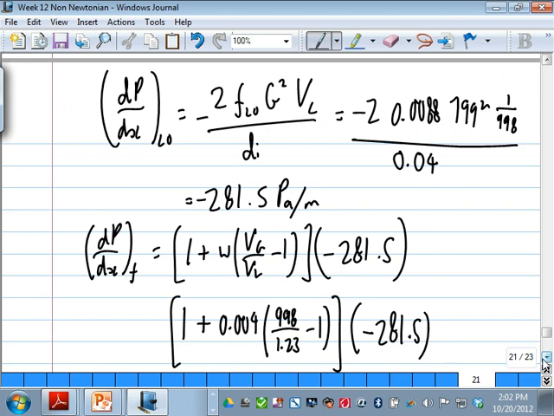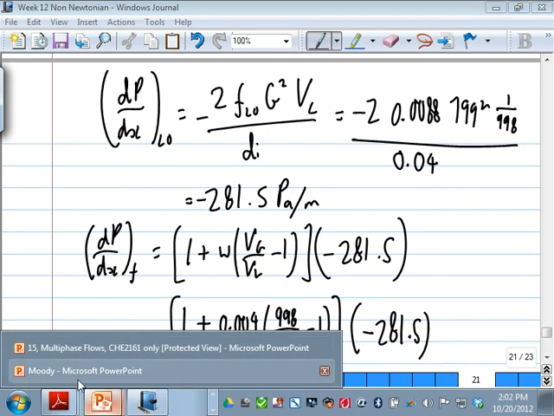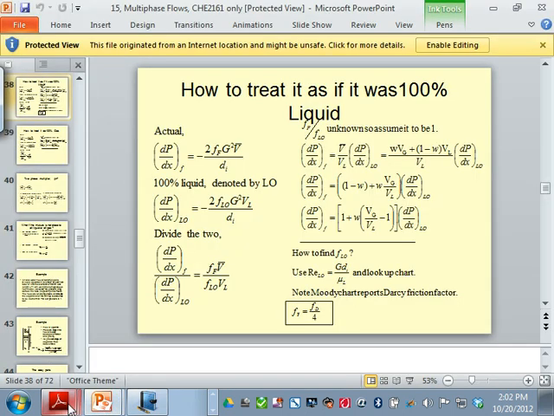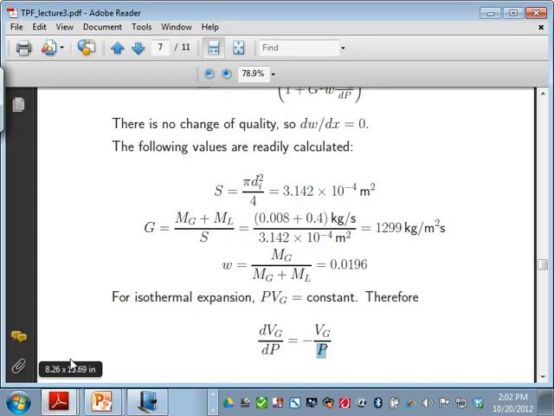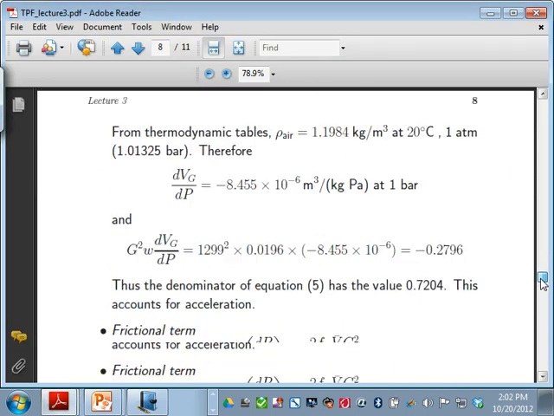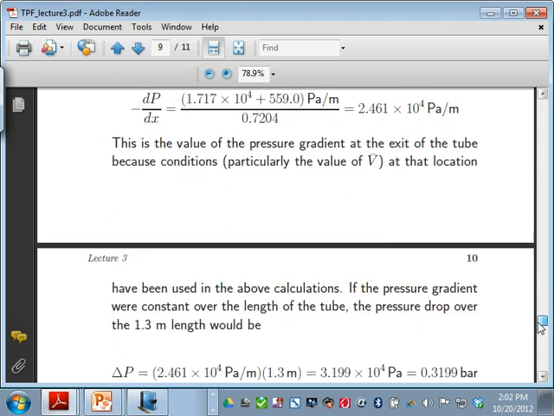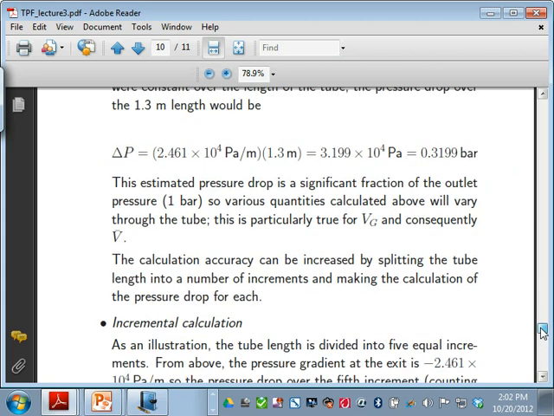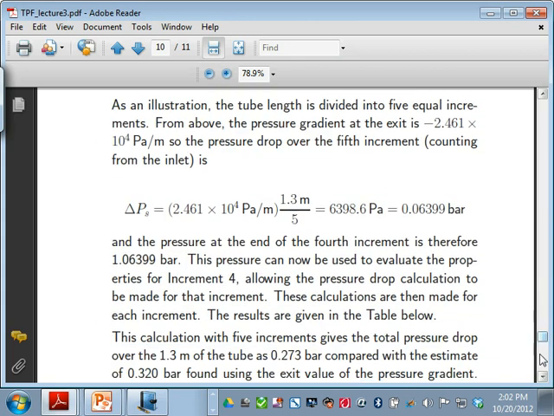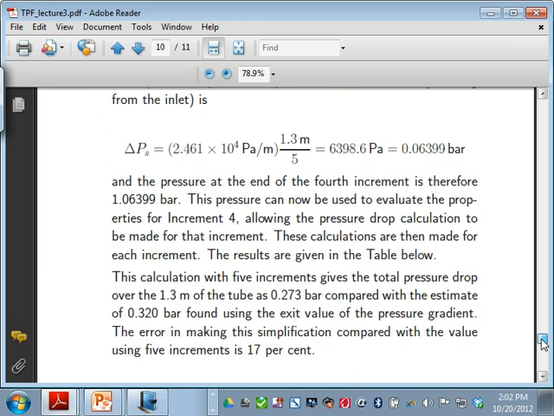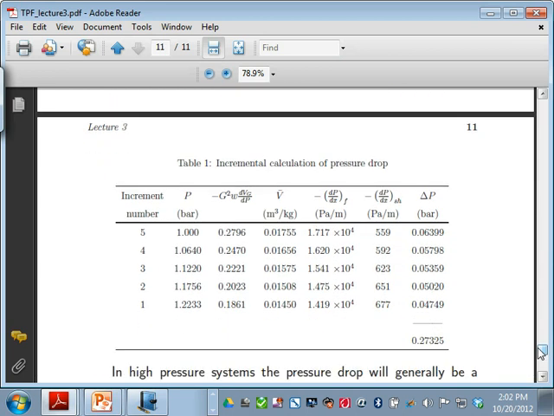But if you want to be more accurate, the notes, where's the notes? I think here. Okay. They did for their problem and they just got a value there. But we won't do this. I think you're all very tired now. But to be more accurate, instead of doing it in one step, they broke the pipe into 5 segments.